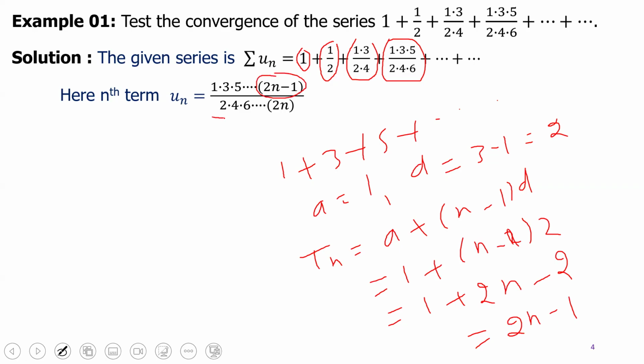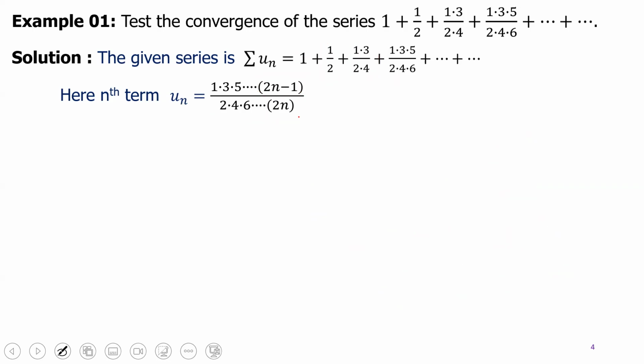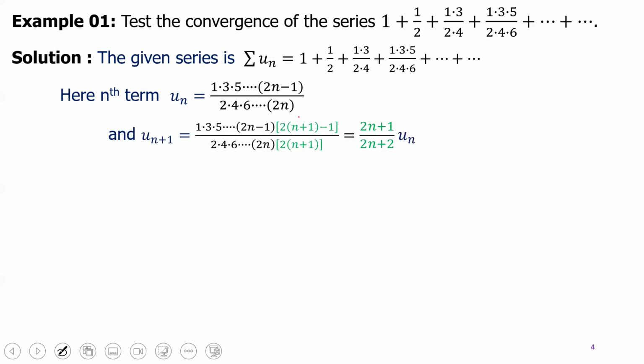Similarly, here the first term is 2, second term is 4, third term is 6, so the nth term will be 2 times n. So the nth term of the given series is this. Now, we want to find the n plus 1th term, which is nothing but adding one more term, by replacing n by n plus 1.